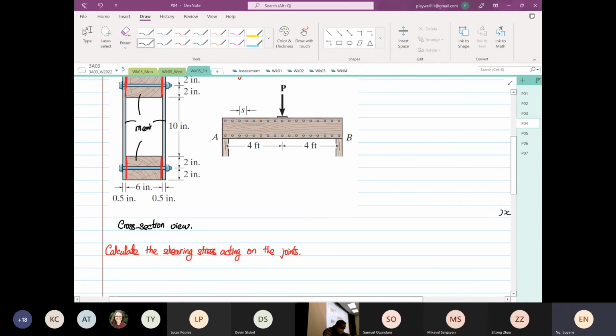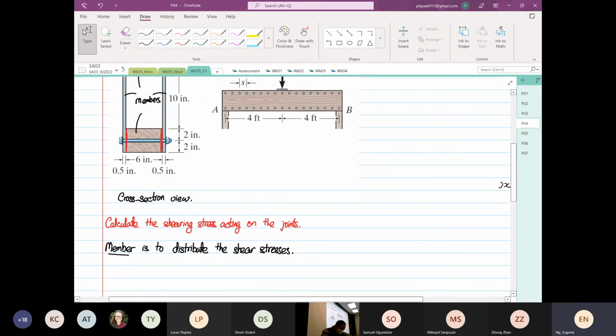The purpose of the member is to distribute the shear stresses, number one thing.